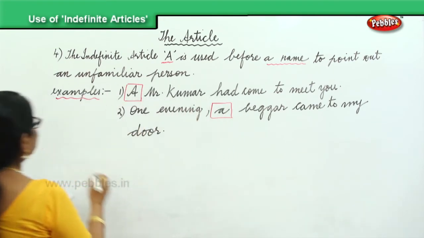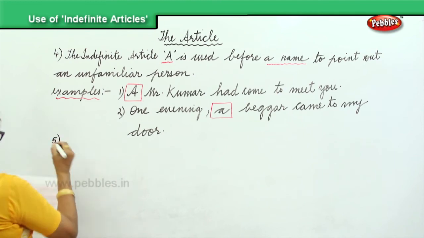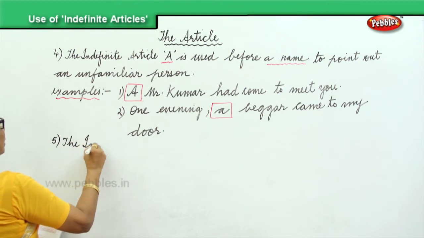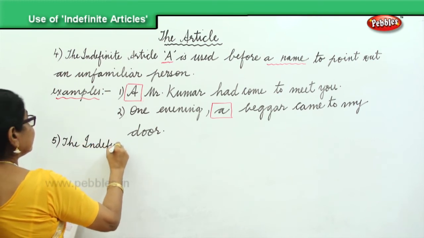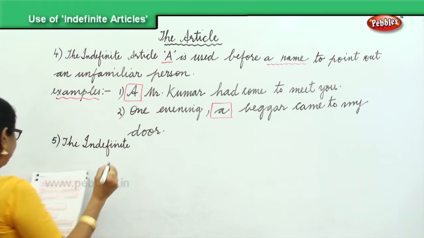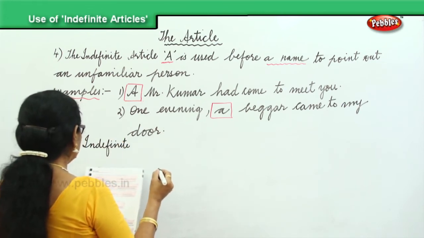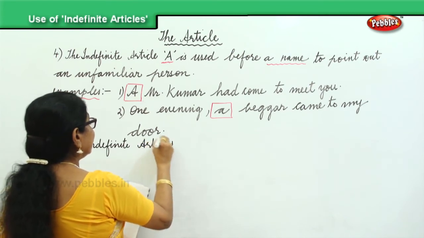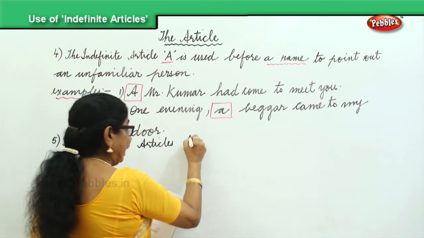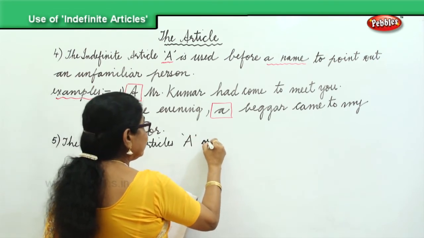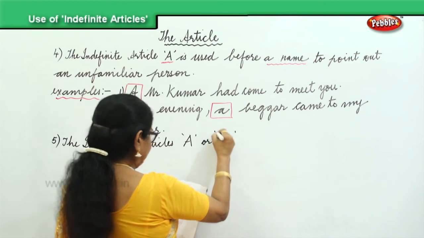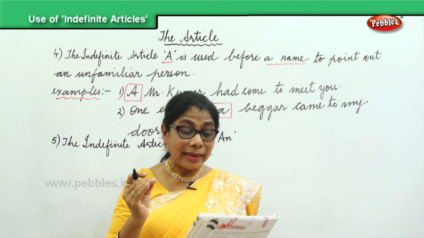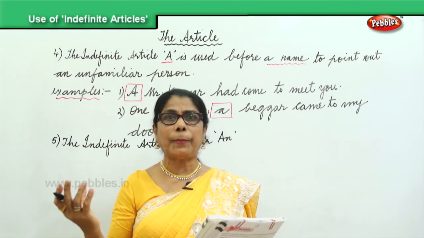So now, the fifth type. In the fifth type, the indefinite articles a or an are used to make a common noun out of a proper noun.